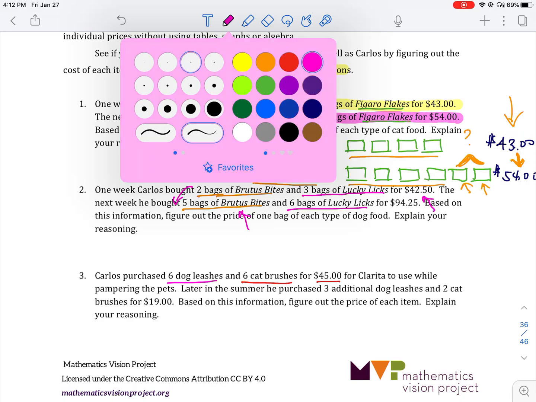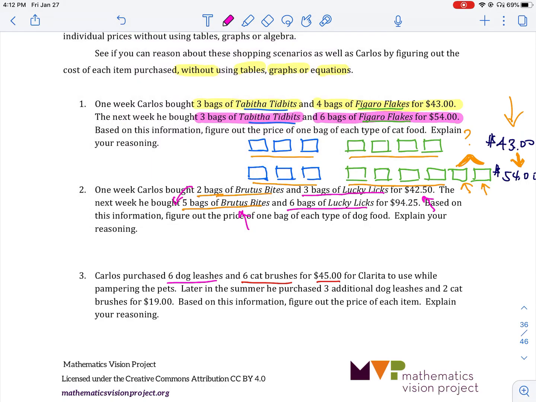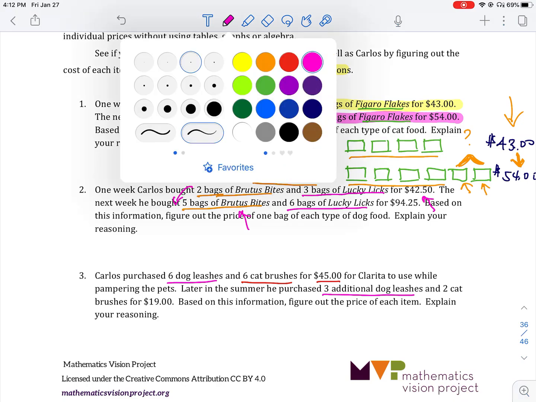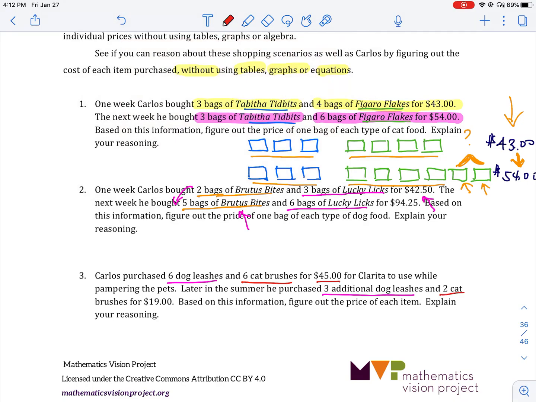Again, there are some creative things you can do to figure things out, and if you do it correctly, it'll allow you to figure out first the price of the cat brush. Once you get the price of the cat brush, you should be able to calculate the cost of the dog leash. I'm not saying these are easy. It requires thinking, and I want you thinking as a group to figure out how you can possibly figure out these prices. That's the puzzle.